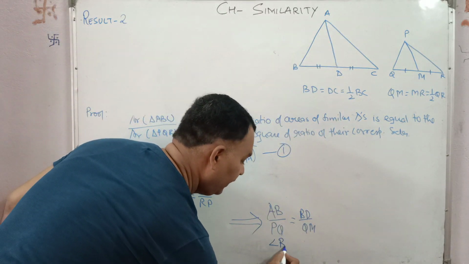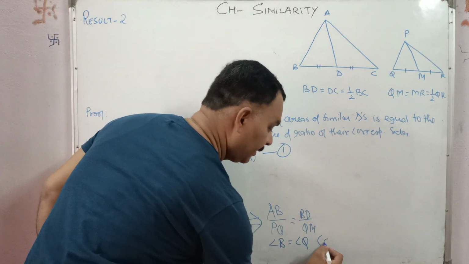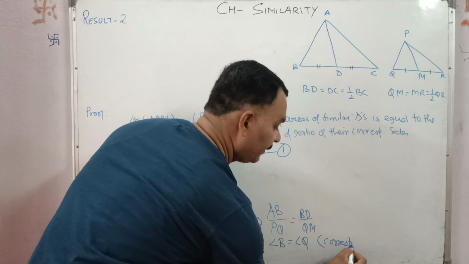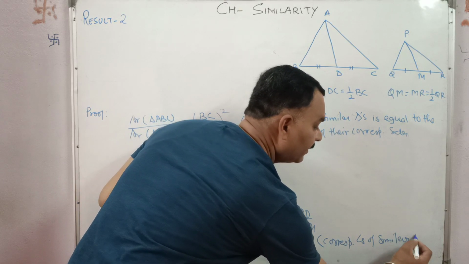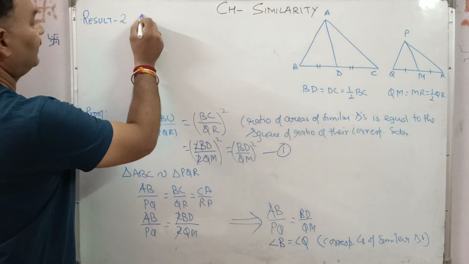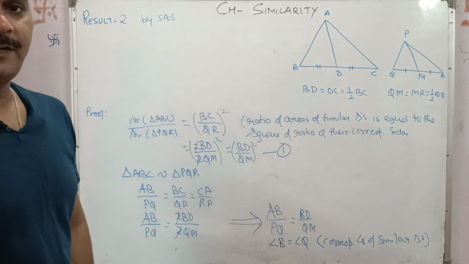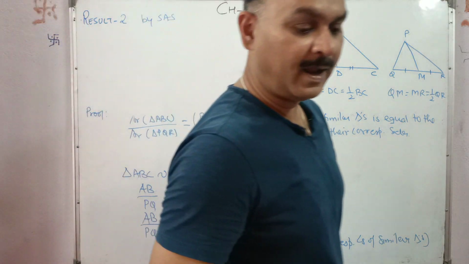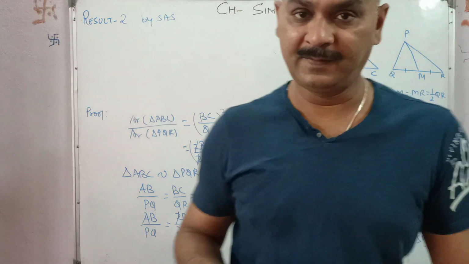Furthermore, angle B is equal to angle Q, corresponding angles of similar triangles. They are also equal. So by SAS, if the ratio of two corresponding sides are equal and the included angles are also equal, then the two triangles are similar.